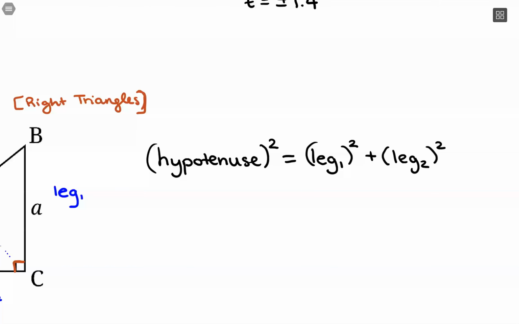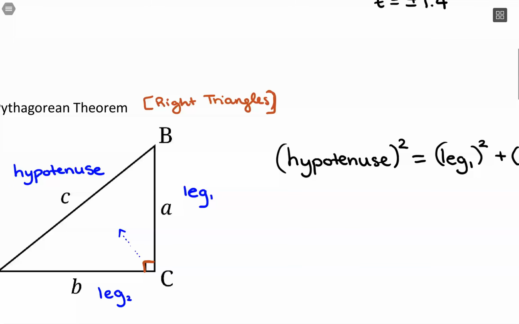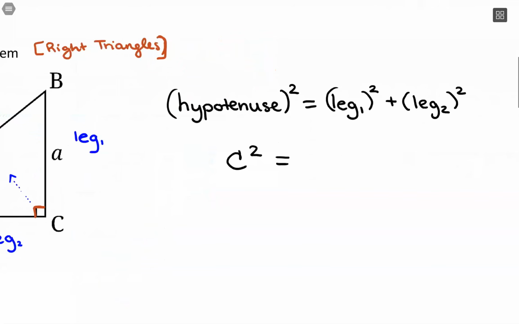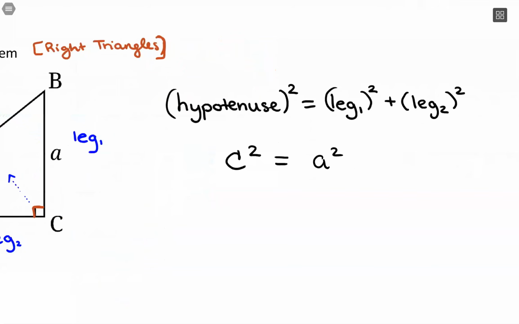Now, the key piece here is having the hypotenuse squared all alone on one side of the equation, and then adding up the leg squared on the other side. For short, as you've probably seen this formula before, we'd have hypotenuse squared equals leg squared plus other leg squared, and it's just when you grab whatever value you're plugging in for C, it must be the hypotenuse. Must be the longest side length that you're working with.